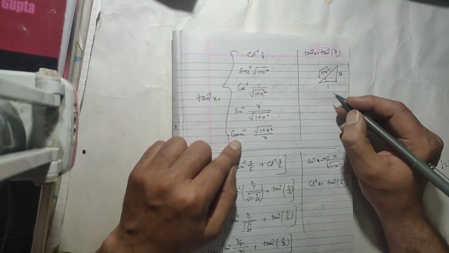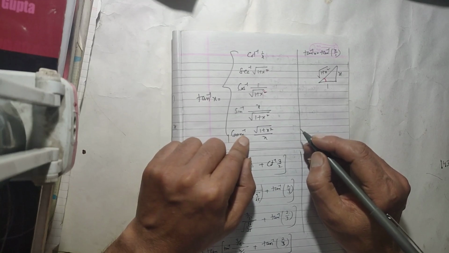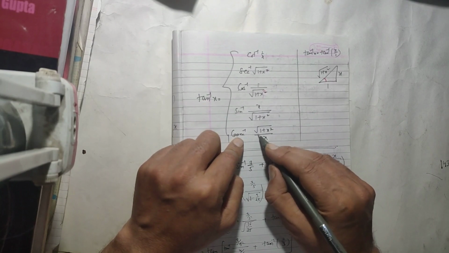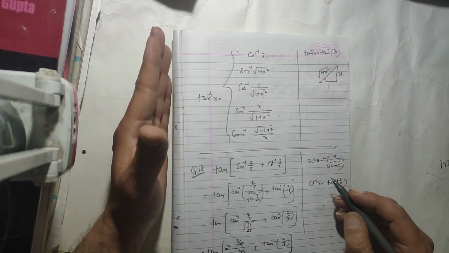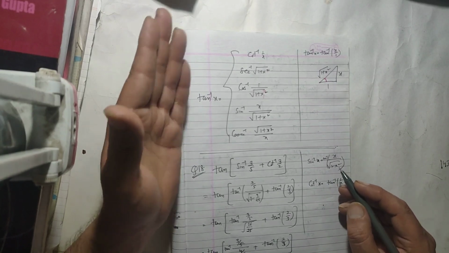And in terms of cosecant we have the reciprocal of sine, that is root of 1 plus x square divided by x. So this is how we can easily learn the conversion of tangent inverse in terms of the other t ratios.